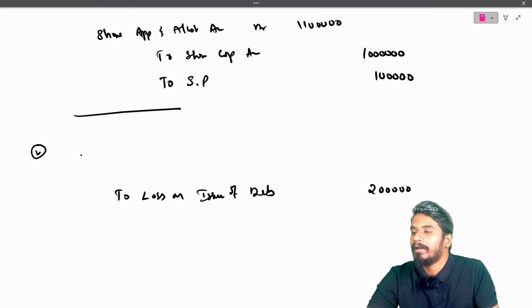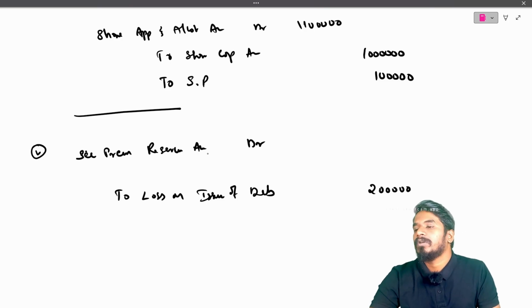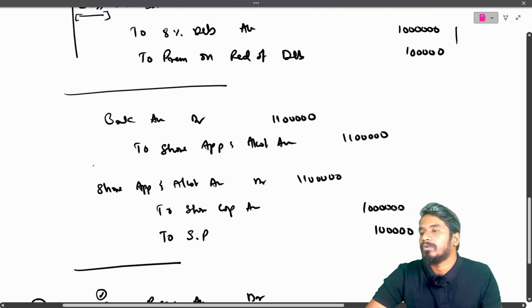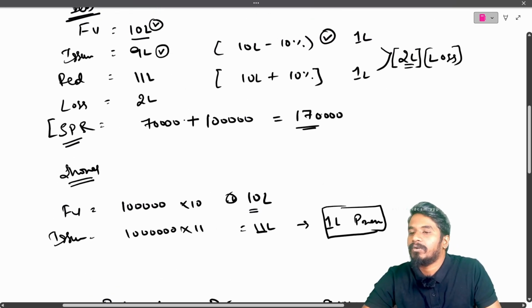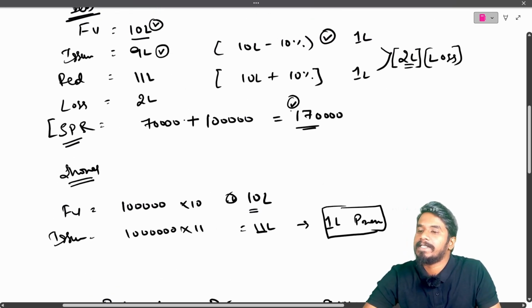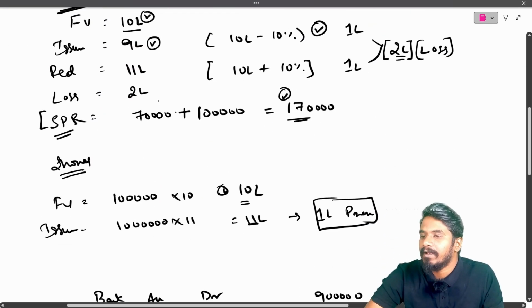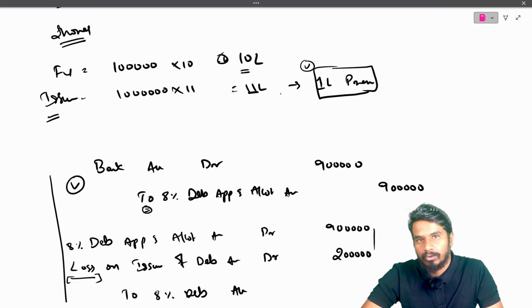Now we need to debit security premium reserve account. So what is the amount we have in security premium account? We have calculated it earlier. So security premium reserve account, we have 1,70,000. That is, in the question, they have said 70,000 is reserve, and also we have security premium on shares, correct?